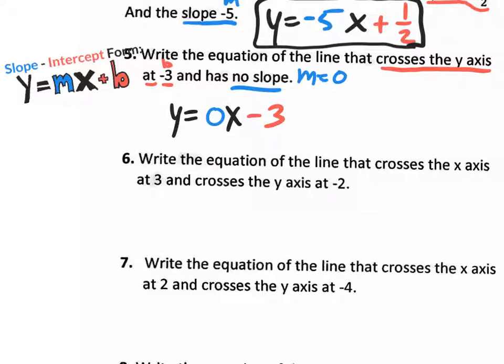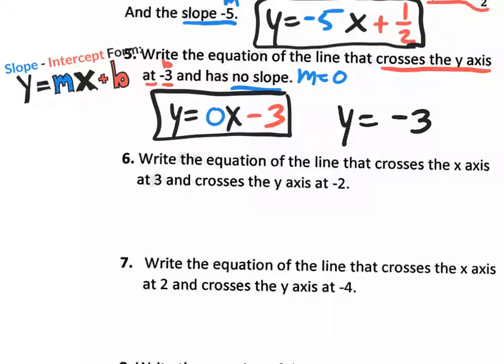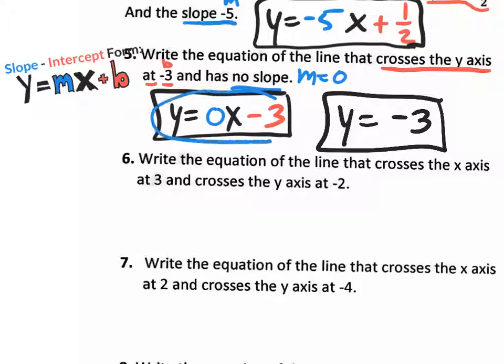Now, this is your answer. However, if you're taking a multiple choice test, the computer's not going to bother writing 0 x's. 0 x's means that there is no x's. So what the computer's going to write is simply y equals -3. So this guy is okay, but this is the better answer, y equals -3.